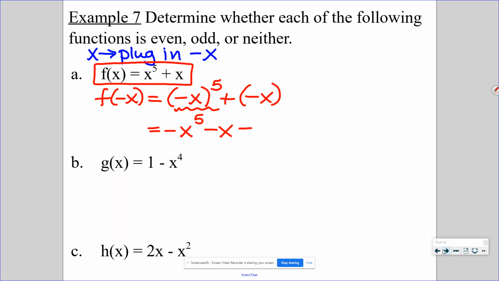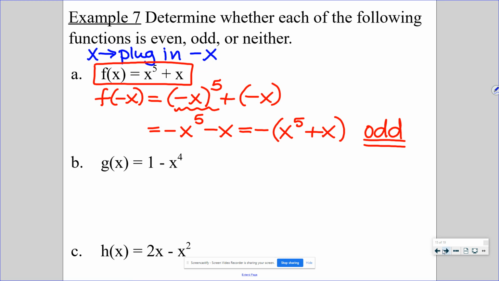You have to make sure that it's equal to negative whatever you had to begin with. So if I were to take a negative out of that entire equation, it would look exactly like what we started with. So this would be an odd function.